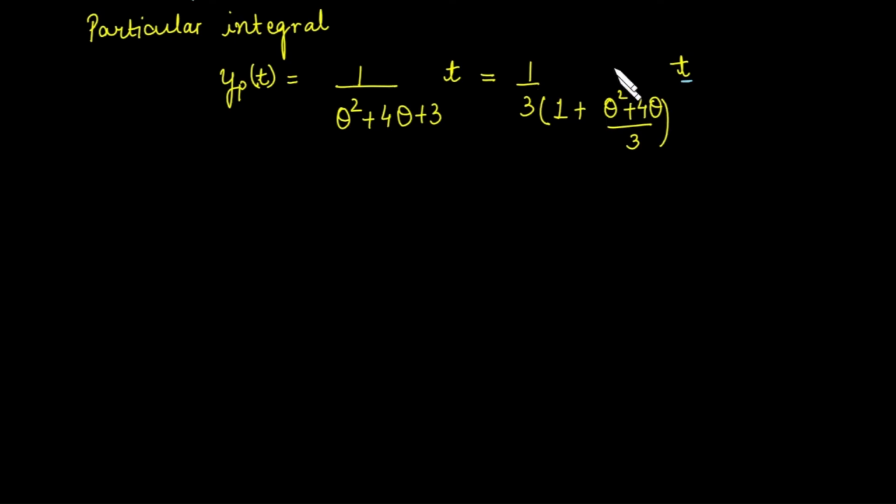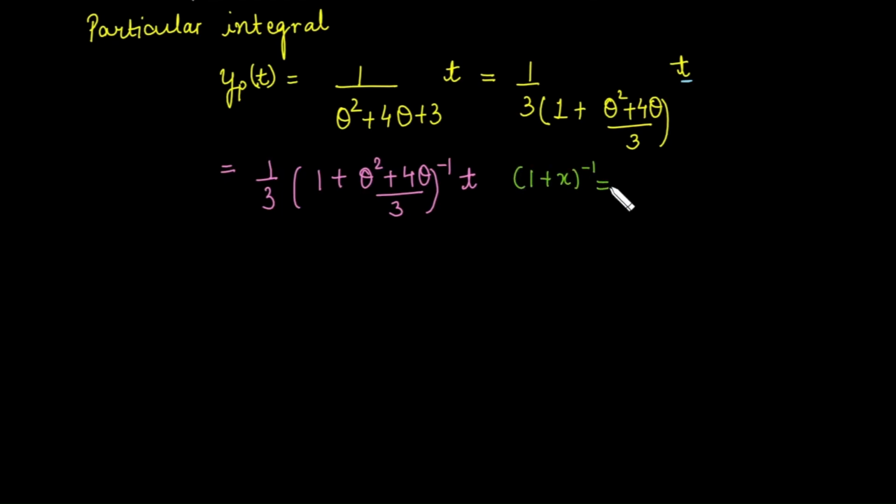Now we'll take this term in the numerator. We have this form. Apply the expansion of (1 plus x) raised to power minus 1, which is equal to 1 minus x plus x square minus x cube and so on.